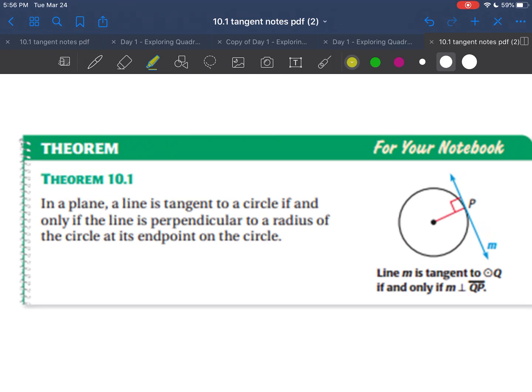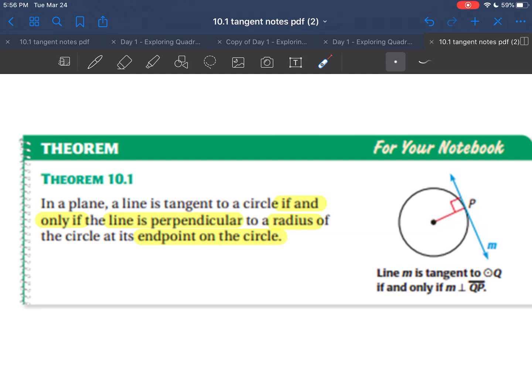In a plane, a line is tangent to a circle if and only if the line is perpendicular to a radius at its endpoint on the circle. What that's saying is that the only way this blue line right here is tangent is if it is perpendicular to the radius.